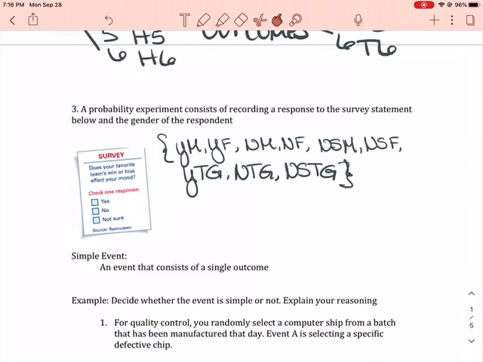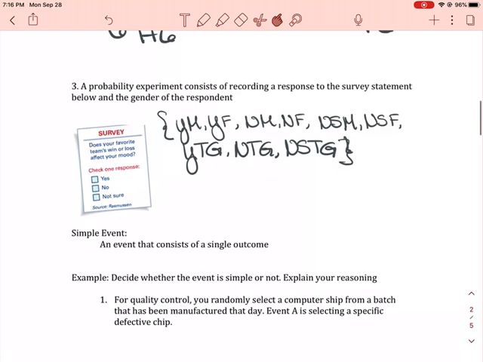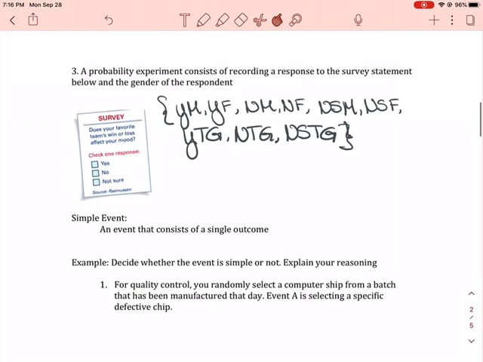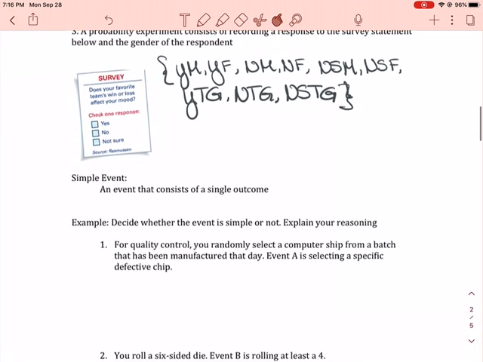Now, if an event only has one possible outcome, that is called a simple event. That's kind of important because it helps you narrow down your probabilities eventually. So we want to decide whether the event is simple or not and why. For quality control, you select a computer chip from a batch that has been manufactured that day.